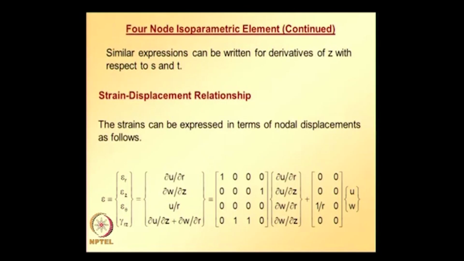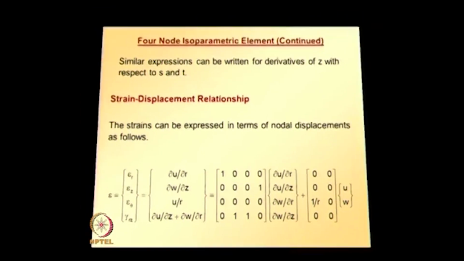So, we need a relation to calculate the partial derivatives of u with respect to r and z in terms of the partial derivatives of u with respect to s and t. Similarly, we need the relation between the partial derivatives of w with respect to r and z and those with respect to s and t.